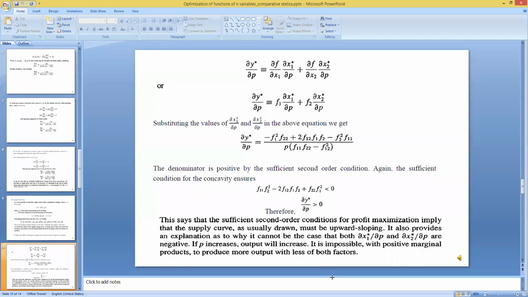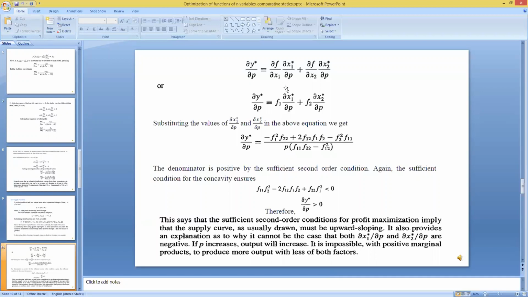Therefore, we started the derivative from W1, then W2, then we came to P. Here, the priority is for P. So we are considering the derivative with respect to P. Actually, we want to check what will be the change in the commodity supply if output price changes. What will be the change to the optimum commodity supply, not the general commodity supply? What will be the change in the equilibrium value when P changes? Comparative static always tells us what will be the parametric shift at equilibrium.